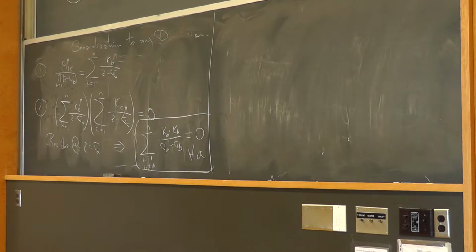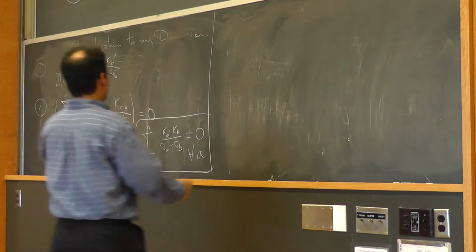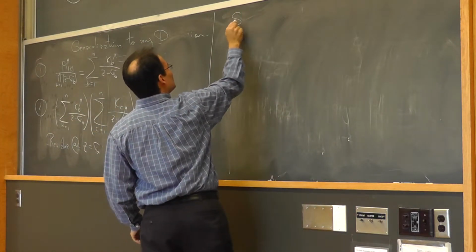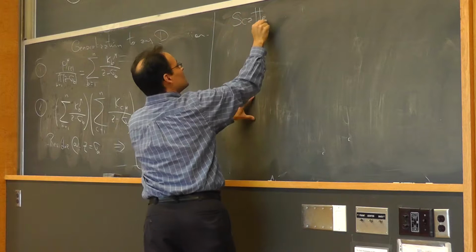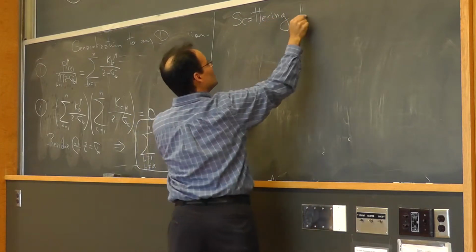When the sum of the momenta of a group of particles becomes on shell, somehow the punctures split into two groups, just through these equations. So we decided to call this the scattering equations.